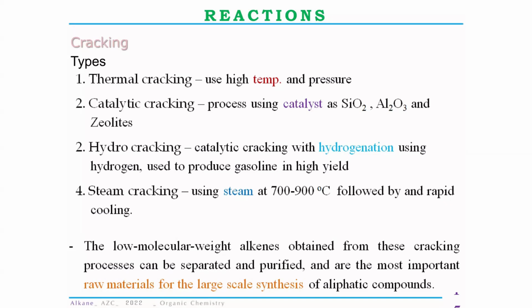Then we have steam cracking, which uses steam at a temperature of 700 to 900 degrees centigrade, followed by rapid cooling. The low molecular weight alkenes obtained from these cracking processes can be separated and purified, and are the most important raw materials for the large-scale synthesis of aliphatic compounds.